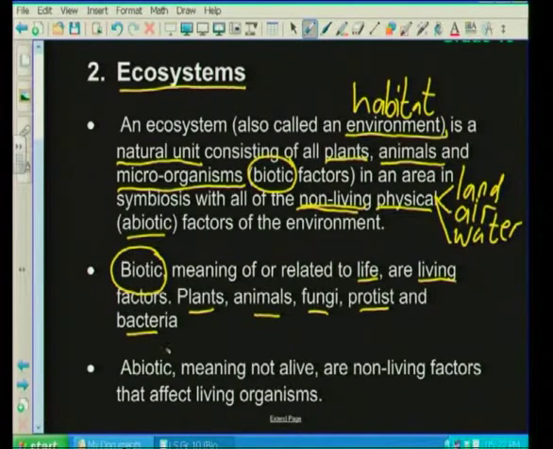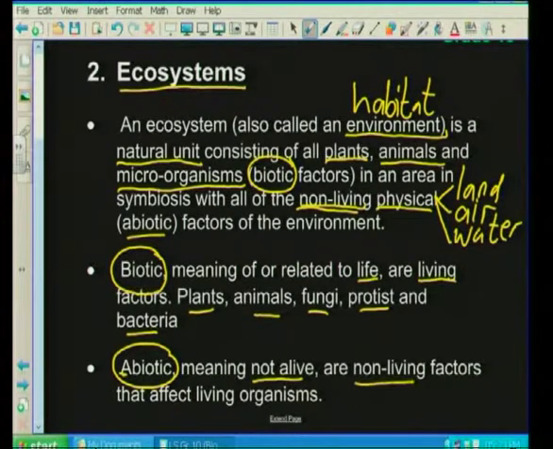These are all examples of living little organisms and animals and plants on Earth. The word abiotic, remember, if we put the little a in front of biotic, biotic is living, a makes it non. So the letter a refers to the term non. Non-living means not alive, and that affects the living organisms. Now, if I take a little ecosystem like a simple fish tank, in that fish tank we have abiotic factors: water, we have gravel or soil, we have oxygen, there must be light.